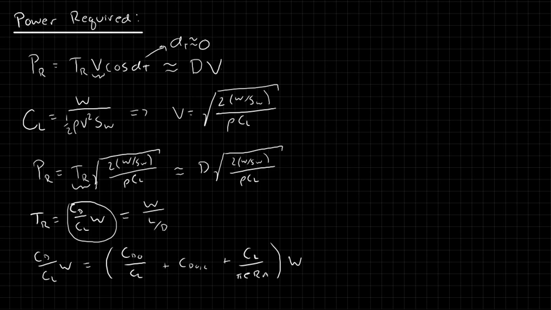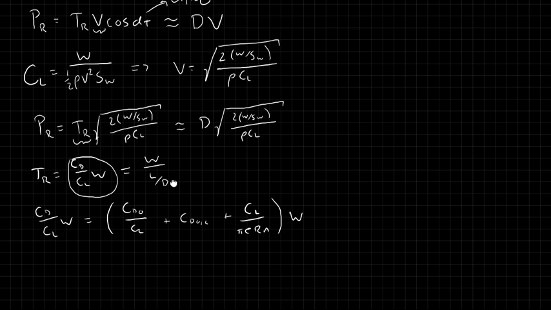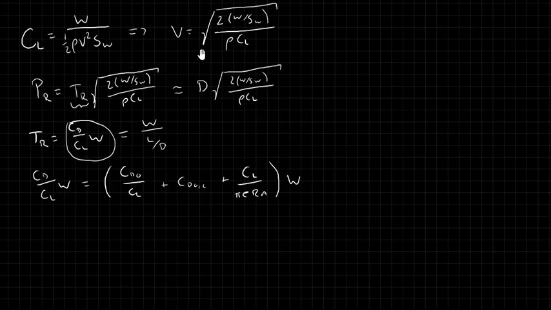So if we put everything together, we're going to put in our velocity, which we already have, and our thrust required. I'm going to change colors so that we can see a little better what's going on.